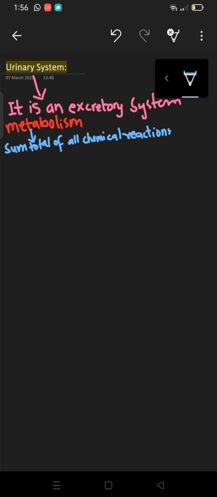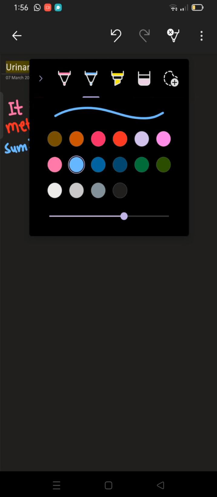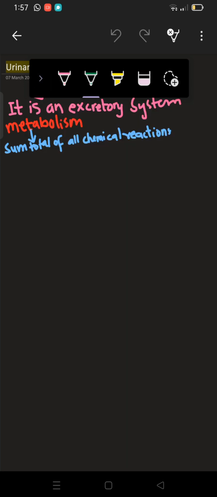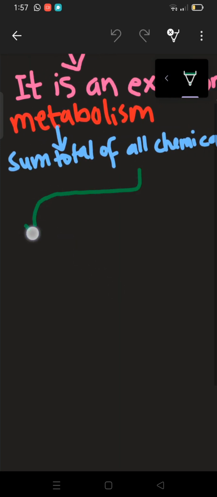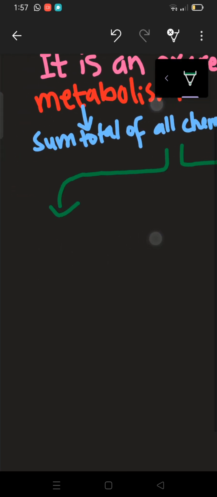The first one is anabolic reactions and the second one is catabolic. Now let me use another color so that I can tell you about anabolic and catabolic. As we know, we have two types of metabolism.